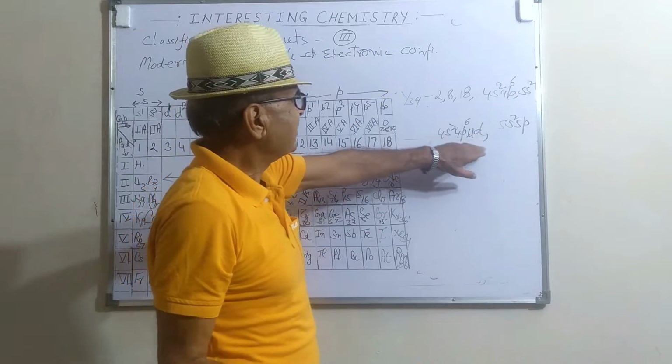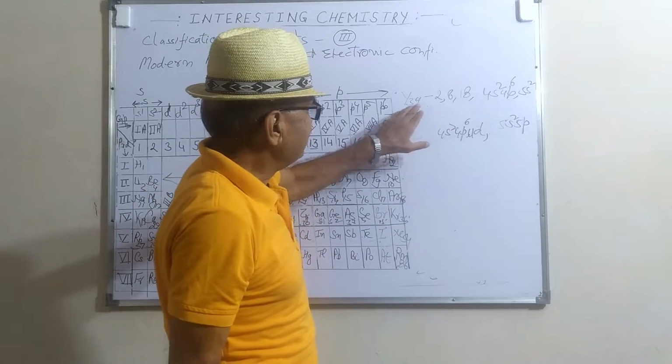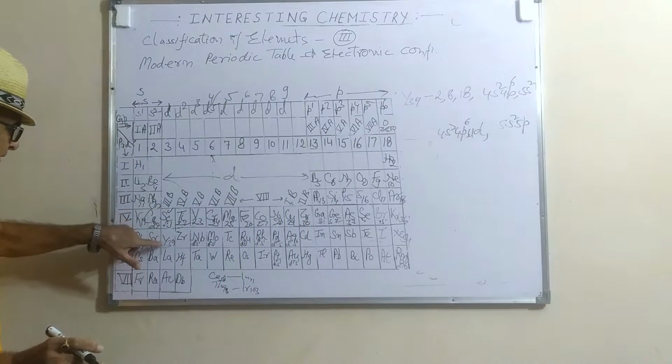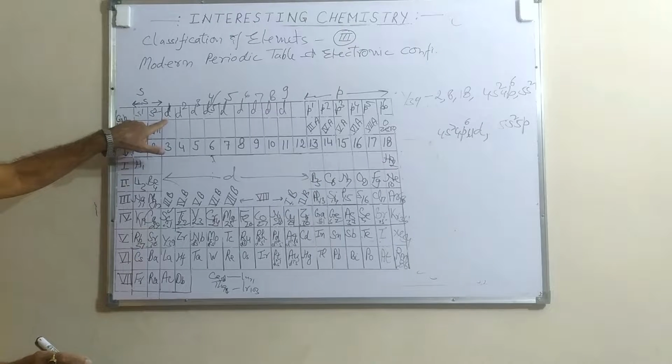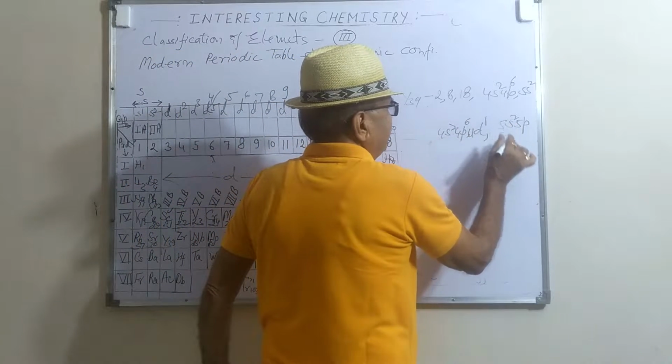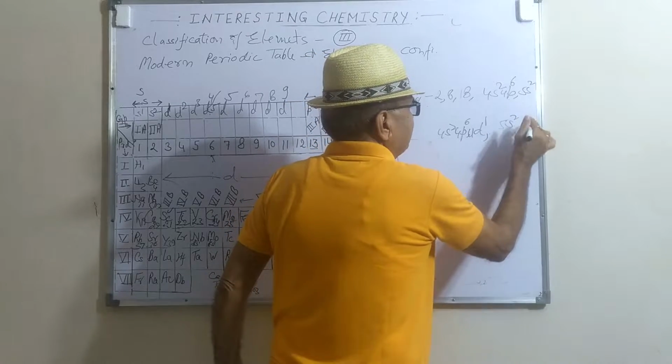So you have to decide the 39th electron. Again, as I told you in scandium, the d1 will be filled. So here the electron will enter into 4d or 5p.